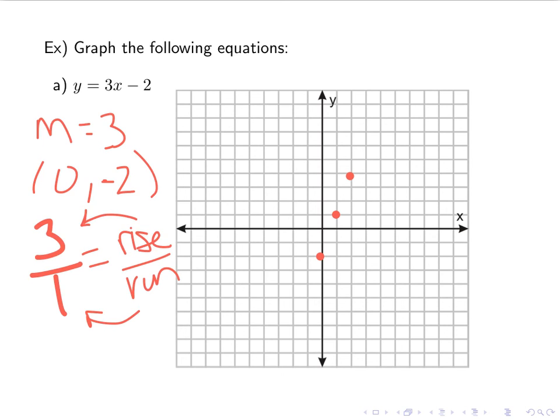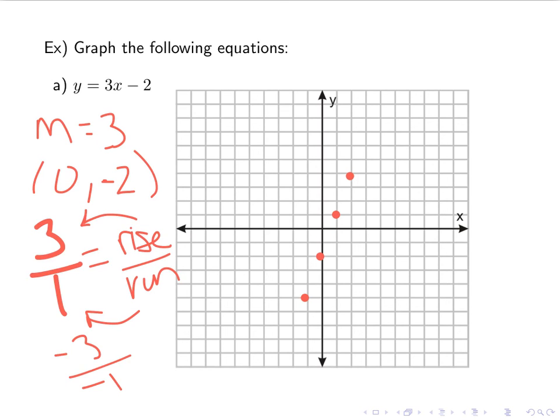Or I can rewrite my slope as another fraction that's equal. So I could also do negative 3 over negative 1. And then when I go back to my y-intercept and I rise negative 3 and run negative 1, I'm going to be right there at that 4th point.